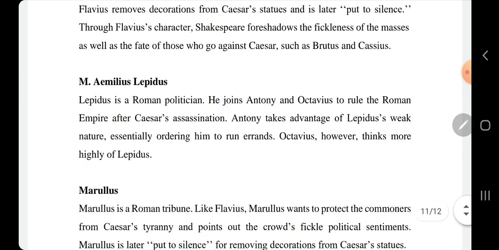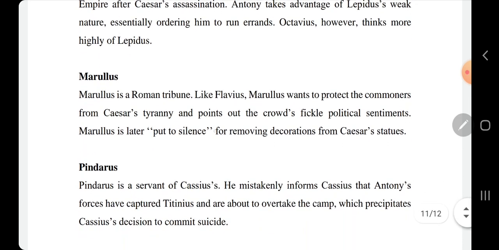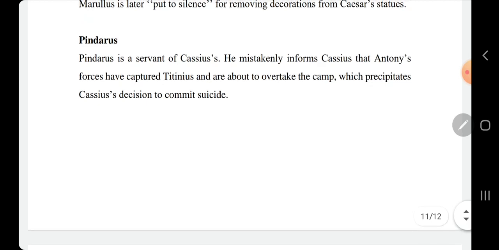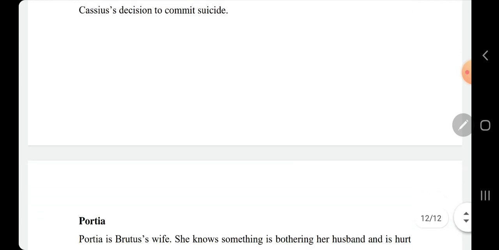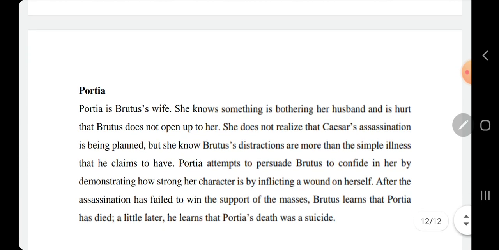We have Lepidus, and he's a Roman politician, and he is one of the good people who joined Antony and Octavius to, let's say, rule the Roman Empire after Caesar's assassination. We have Marullus as well, and we have Pindarus, and he's a servant of Cassius. The roles of those people are much less important than the main characters.